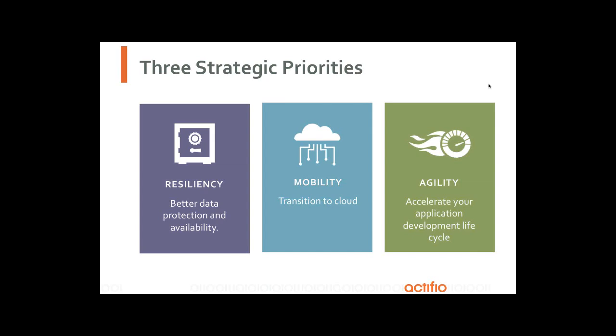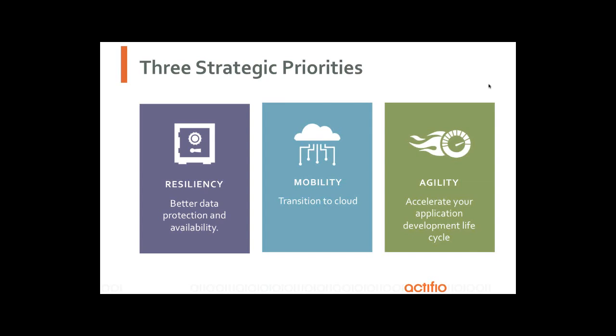And more often, we are hearing use cases around how they can transition their applications from their hosted premises into the cloud. And the third use case is around agility, which is around how to accelerate their application development lifecycle, get their products into the market much faster than the competition, and create a differentiation value for their customers. So Actifio solves problems in all these 3 areas, caters to resiliency, mobility, and agility.